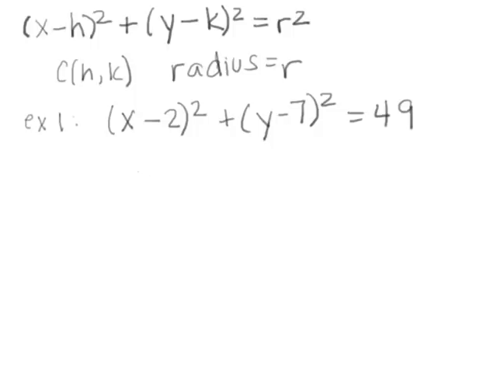I can get the two important pieces of information, the center and the radius, out of this equation. First of all, I take a look at my form. The form is x minus, so when I pull out the center, if there is a negative there, it's already in the form, so I simply pull the number down. So the center will be at 2, comma. This one's also minus, but minus is in the form, so I pull 7 out.